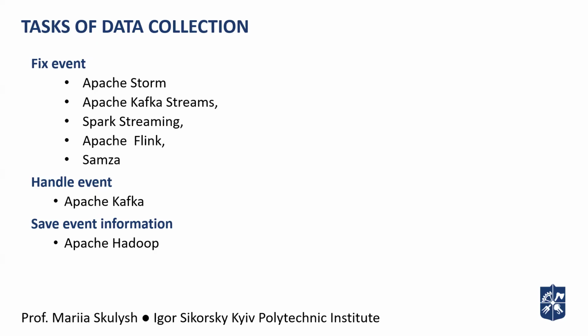For this, Apache Storm, Apache Kafka Streams, Spark Streaming, Apache Flink, and Samza can be used. These are different open source technologies which are used for catching or fixing the event. For handling the event, Apache Kafka is used. What is the difference between catching and handling?